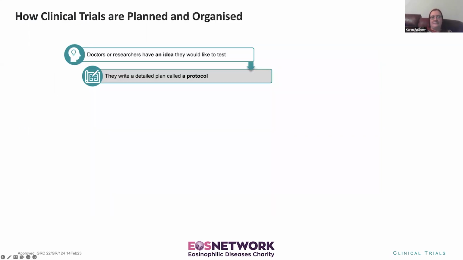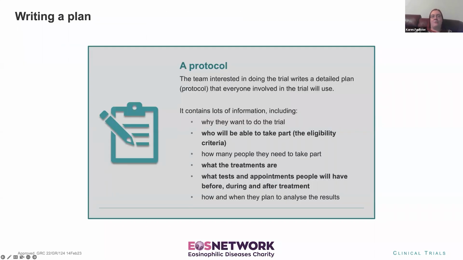Once they've had this idea, then they will write a detailed plan called a protocol. So protocols are what I receive from a pharmaceutical company, and it's how the trial takes place. It does contain a lot of information. They're usually 200-300 pages of very small font with no pictures.